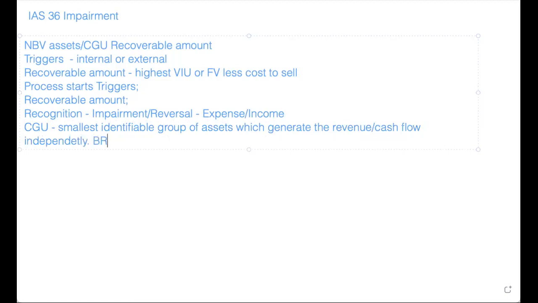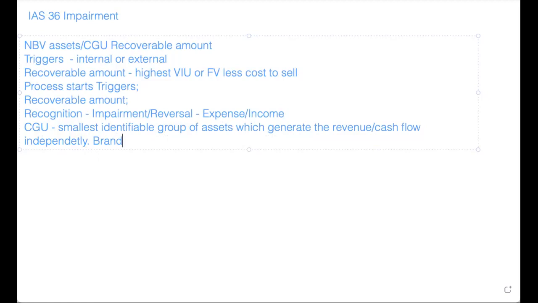If we are acquiring a brand, it's unlikely that we will benefit from that brand separately, because the brand will incorporate its economic benefit into our whole manufacturing plant, into all the goods and services we are producing for our customers. So in that case, the brand is not a separate cash generating unit.